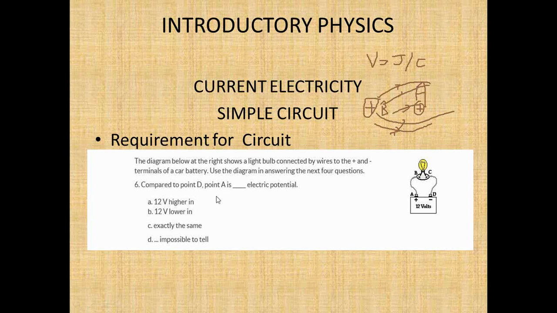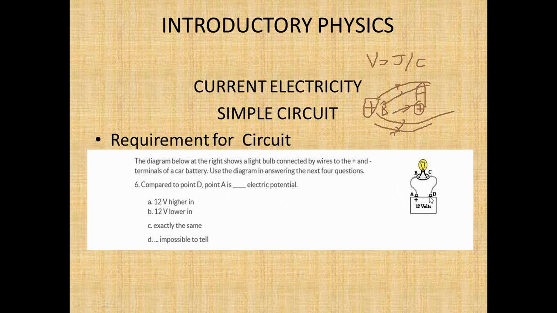This is a 12 volt battery. Your high potential terminal is 12 volts, your low potential terminal is 0 volts. So point A is 12 volts higher than point D, because this is your high potential terminal and this is your low potential terminal. The high potential terminal is the voltage rating of the battery.